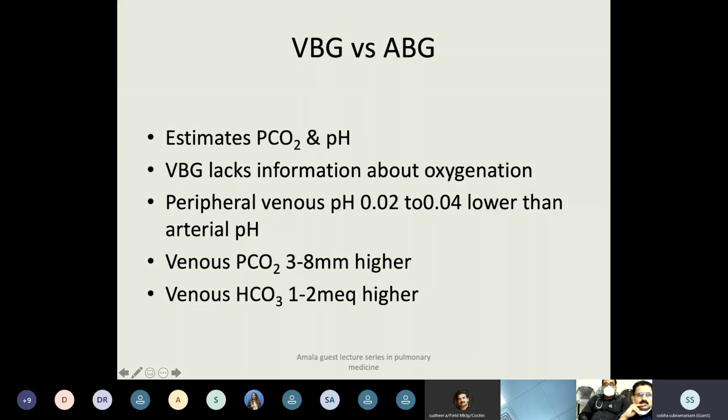So it gives us a rough estimate. Then venous PCO2 has a wide range, that is 3 to 8 millimeters higher than the ABG PCO2. Venous bicarbonate is around 1 to 2 milliequivalents higher than the arterial value.